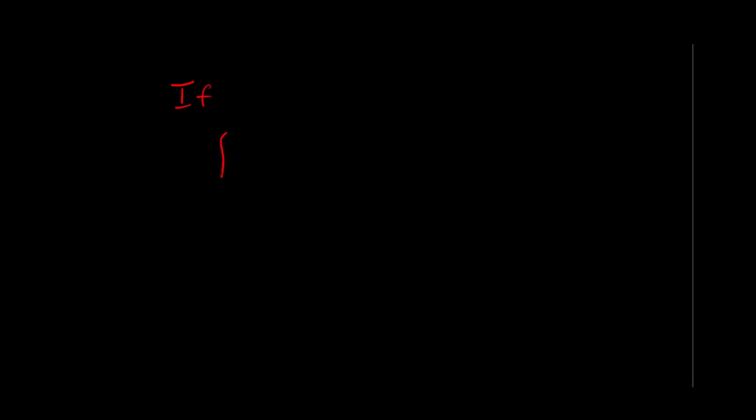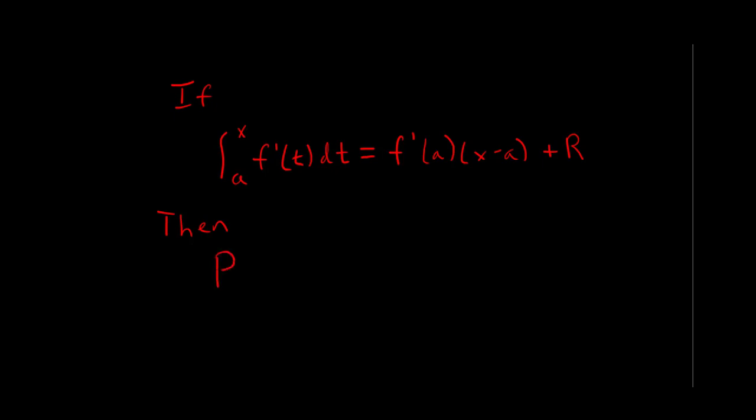So if our integral from x to a of f prime of t dt can be said to equal f prime of a times x minus a plus some remainder r, then an obvious first step maybe would be to rearrange and write this expression as r equals negative f prime of a times x minus a plus our integral from x to a of f prime of t dt.